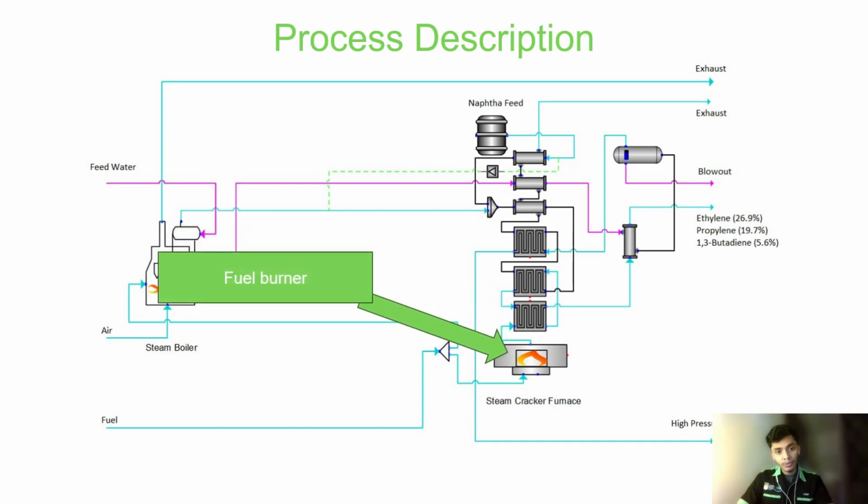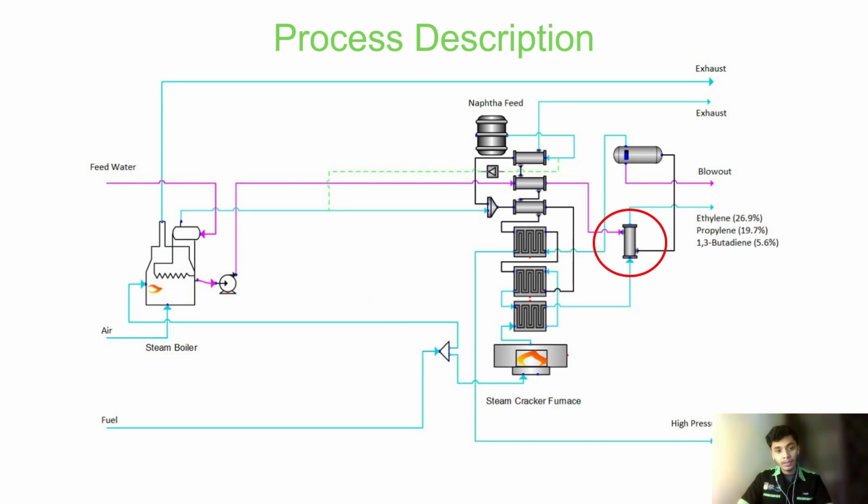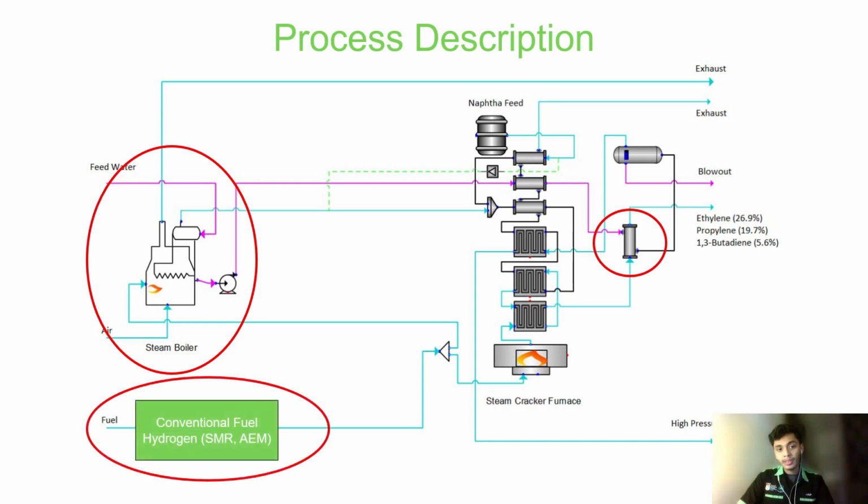This is the fuel burner, which is used to heat up the whole furnace, and this is the transfer line exchanger, which is used to cool down the products to prevent overcracking. A boiler is used in this study to generate high pressure steam by burning fuel. Steam is used for dilution, temperature control, and providing heat in the cracking furnace. These stages collectively ensure efficient and controlled cracking of naphtha, leading to the production of valuable petrochemicals.